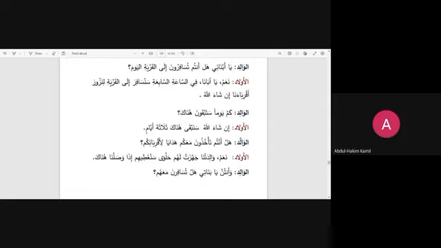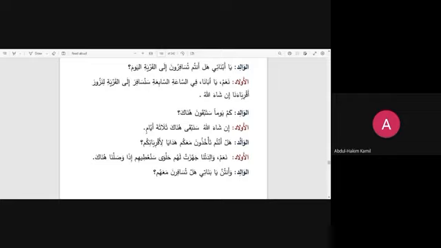This is the point in the lesson. This is antunna. You add a ta at the beginning, a noon at the end. A noon in this one, like yadhabna. When it was hunna yadhabna, for antunna it is tadhabna. Brothers and sisters online, this is the point in the lesson. Are you all with us? How do you do it? You add a ta at the beginning, a noon at the end. That's it.